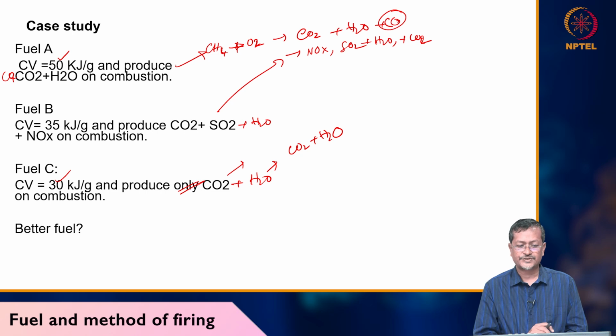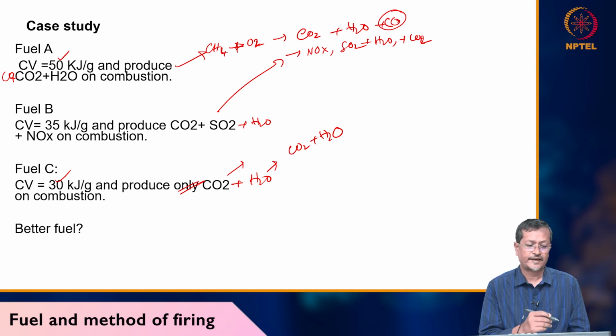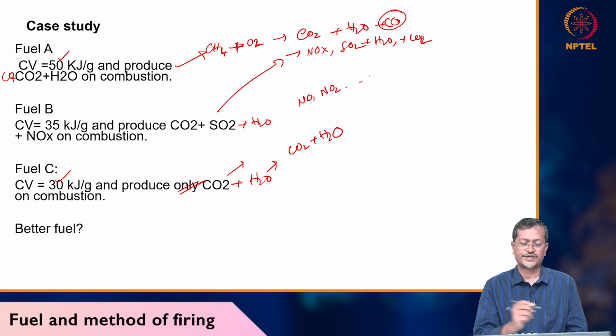So the combustion engineer will target not to produce carbon monoxide. And fuel B is producing SO2. SO2 again is dangerous. SO2 plus H2O will produce acid. NOx, nitrogen oxides will be there: NO, NO2, N2O3. Five oxides will be there because nitrogen has five valencies. Those will create harmful compounds like nitrous acid and nitric acid.